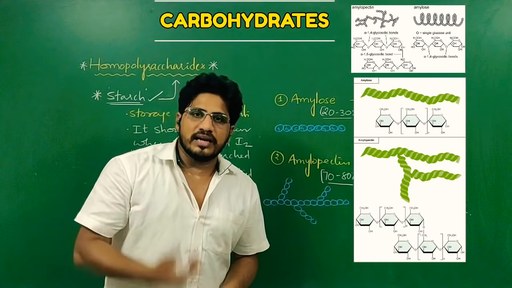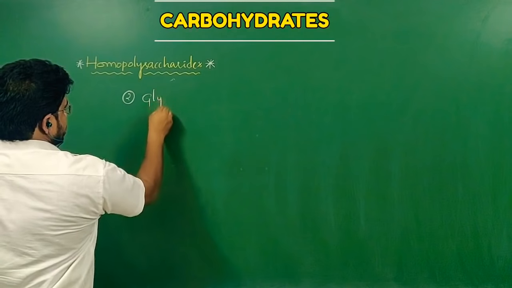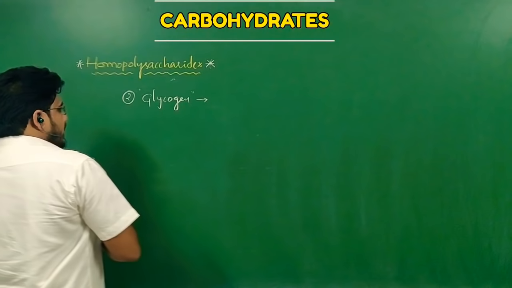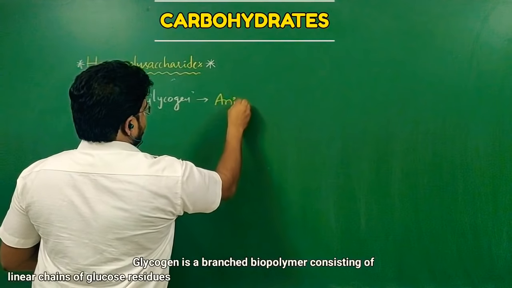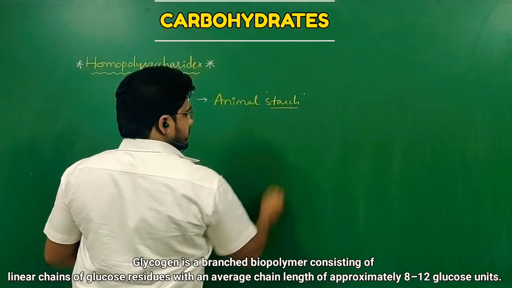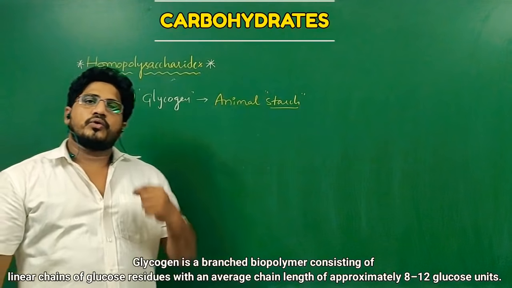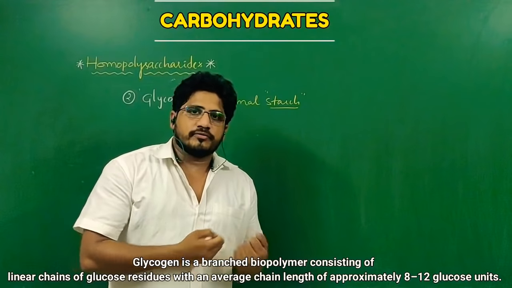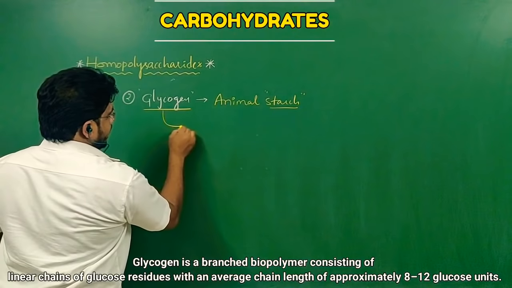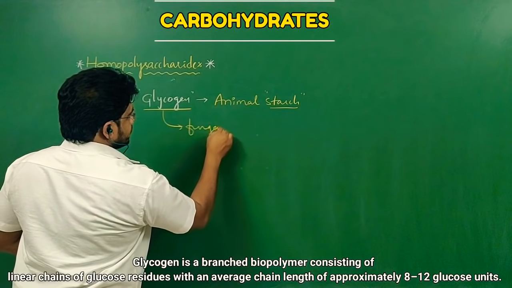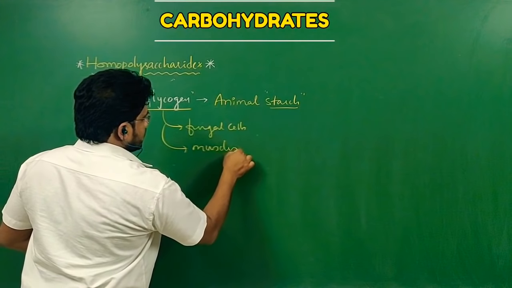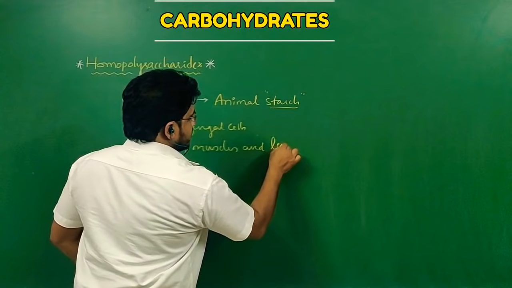Next is glycogen, commonly called animal starch. Why? Plant storage food is starch, but animals are also able to store their energy source in the form of a carbohydrate, that is glycogen. Glycogen is generally found in fungal cells, muscle cells and liver cells.